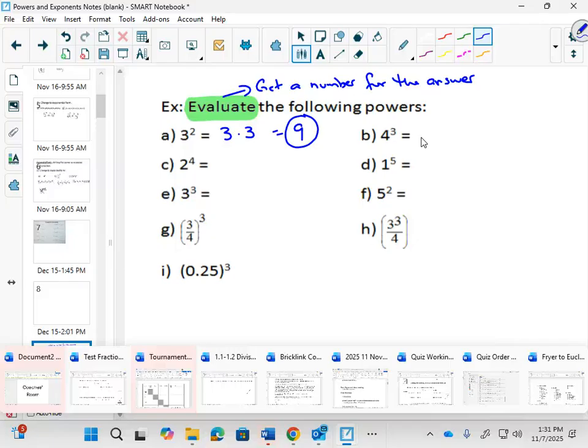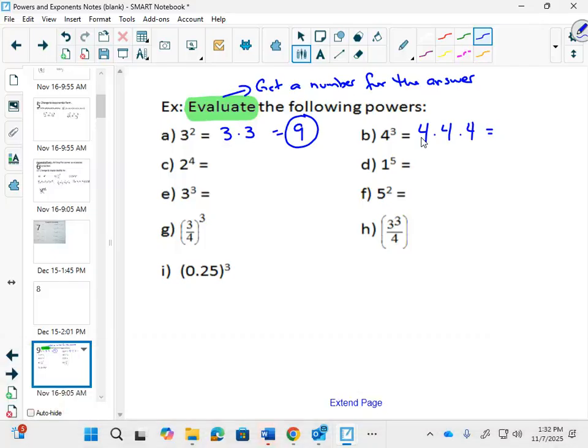The second one. This will be 4 times 4 times 4. 24. No. 64. There we go. 4 times 4 is 16. And then this is a little bit harder. 16 times 4. 64.